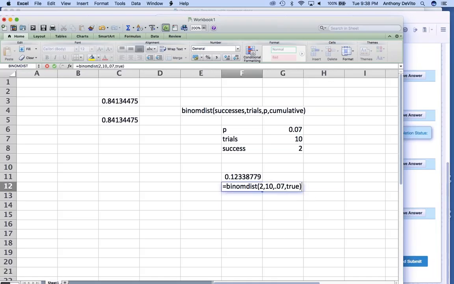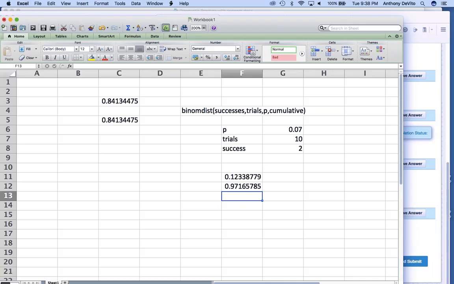And what Excel is going to return now is the probability of getting exactly 2 people out of 10 that are HIV positive. But also, since I said true for cumulative, it will include the probability of anything less than that, 2, 1, or 0. So it's the cumulative probability for all of those outcomes from 2, 1, or 0.